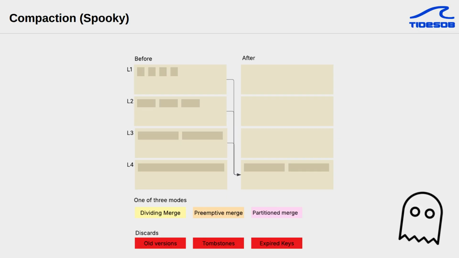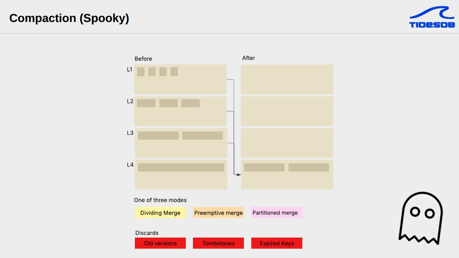We merge those different SSTable files, discarding older versions, tombstones, and expired keys through time to live. In TidesDB we have 2 triggers: when L1 hits n SSTables, which is 4 by default, or when any level exceeds its capacity at the time.